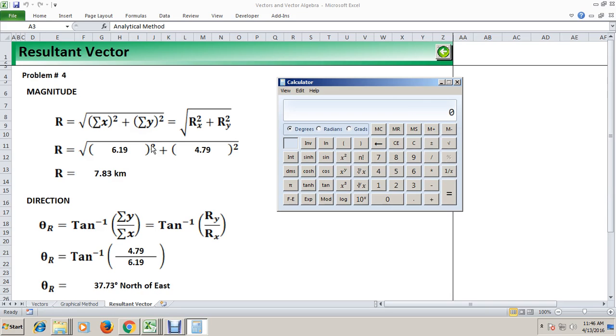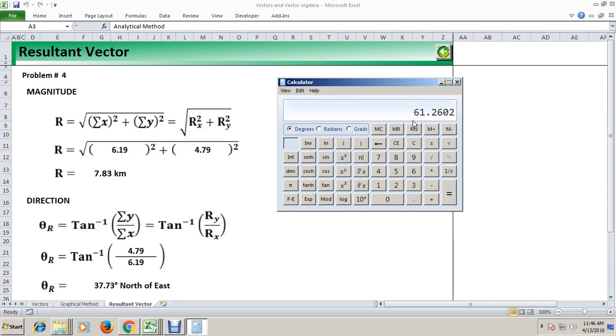Okay, so the next step is to add the values of the squares. So this means you will be having 38.3161 plus 22.9441. Now remember the sum.